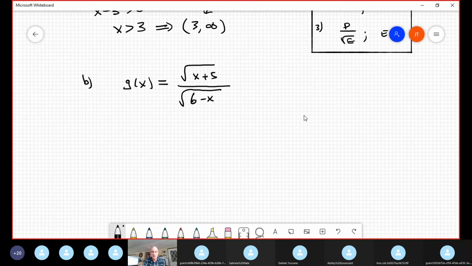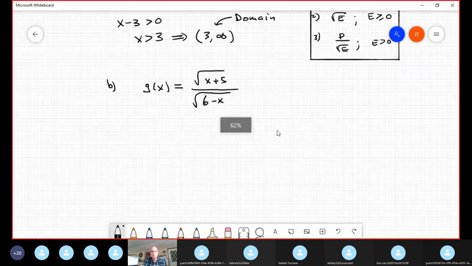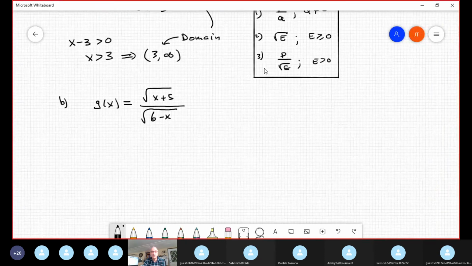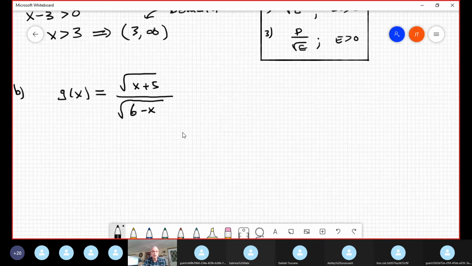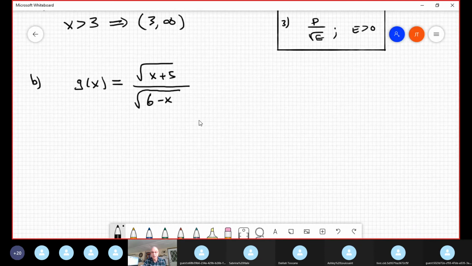So this is a combination of restriction number 1 and restriction number 2, because we have a radical in the top and in the bottom. So you set up a compound restriction.